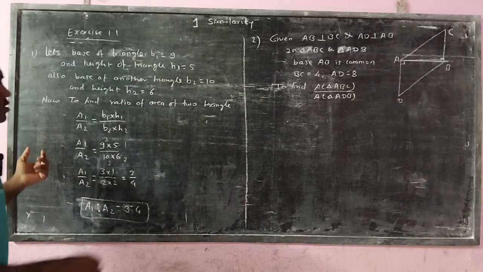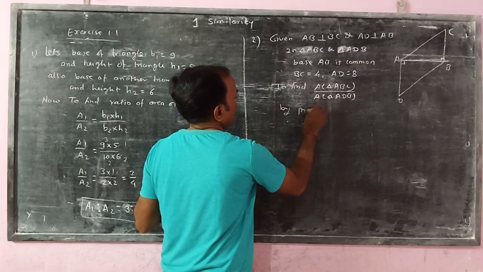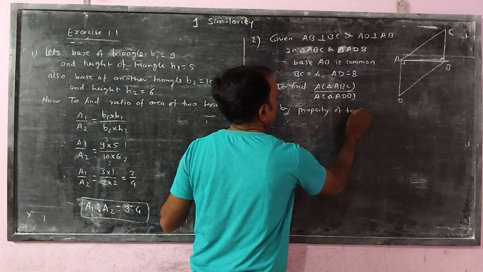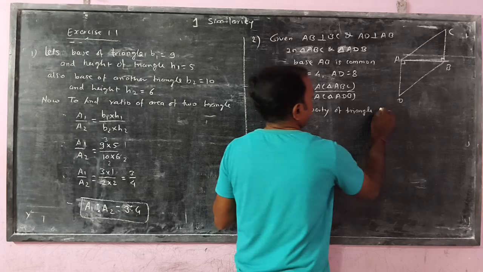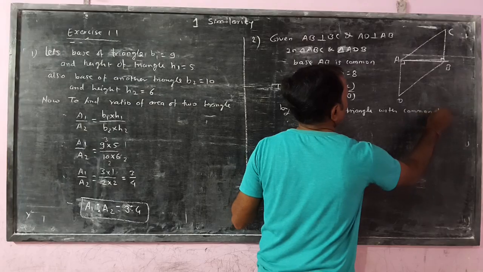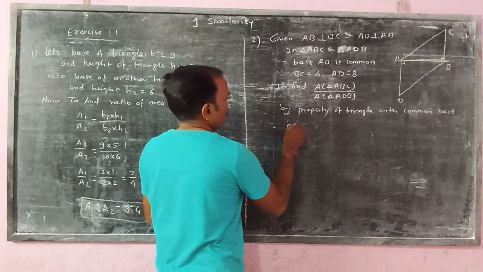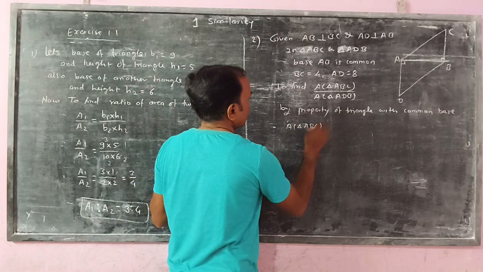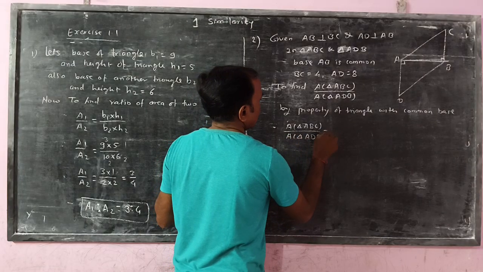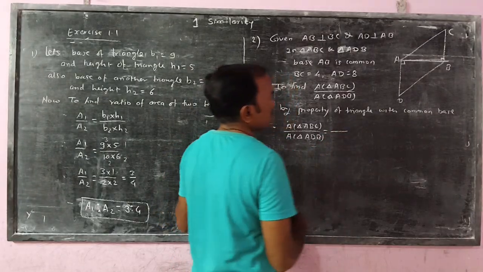According to the property of triangles with a common base, the area of triangle ABC upon the area of triangle ADB equals their corresponding heights.